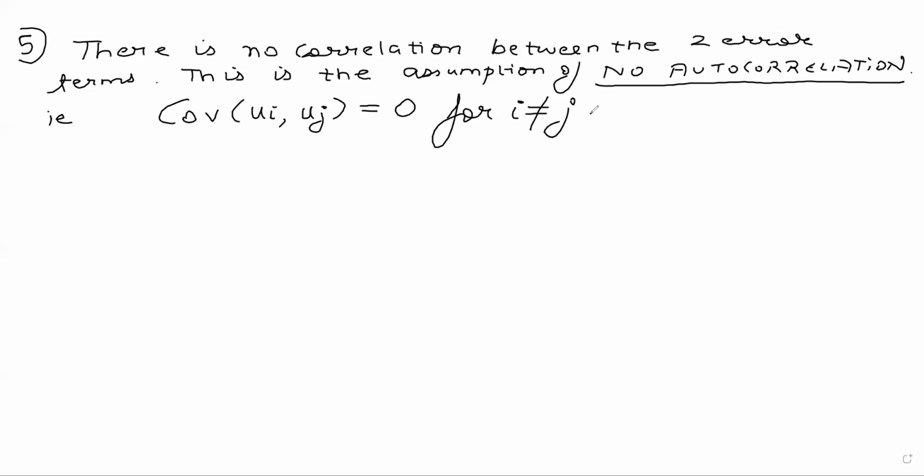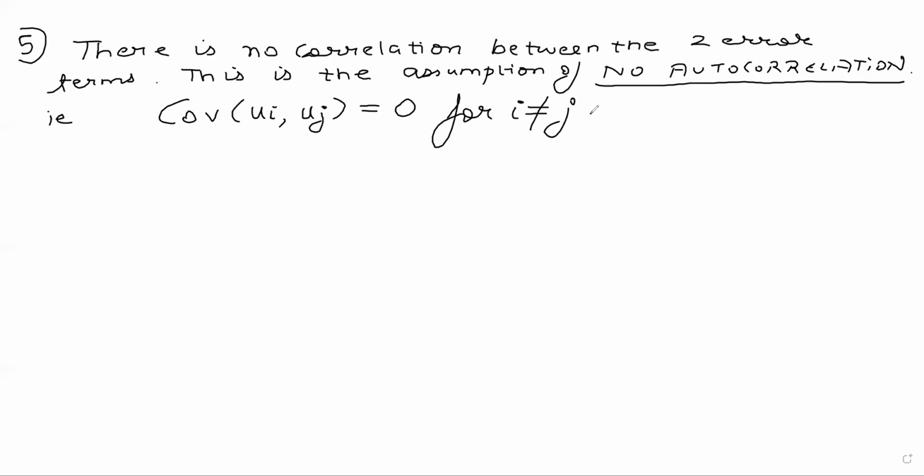It means any two disturbance terms ui and uj are not correlated with each other. You cannot predict any pattern between them. You cannot say that if ui is increasing, uj is also increasing or falling. They share no correlation. Another way of saying it is that the disturbance terms are completely independent of each other.